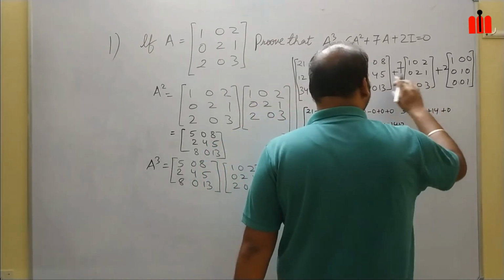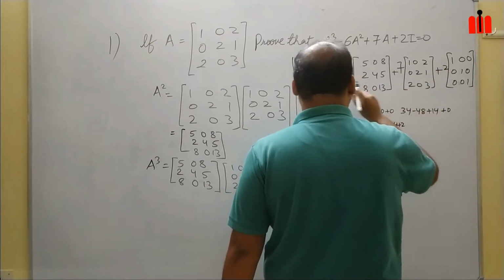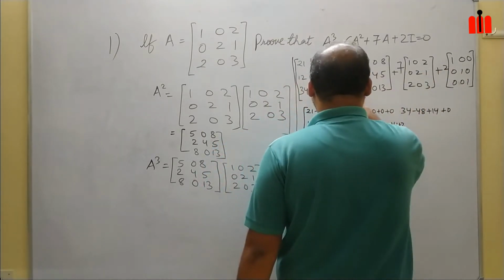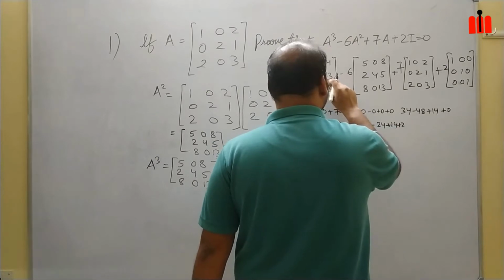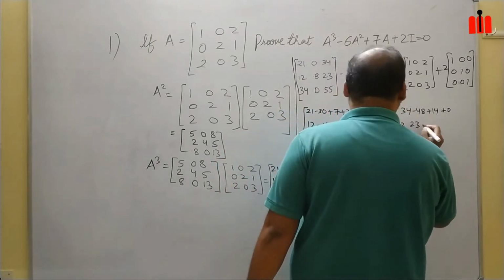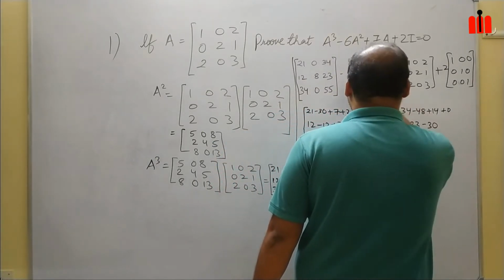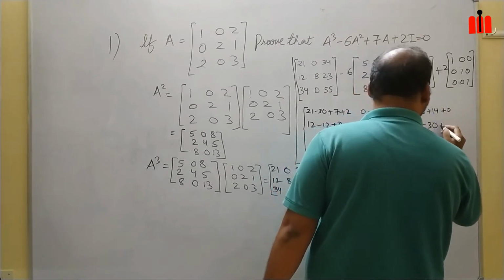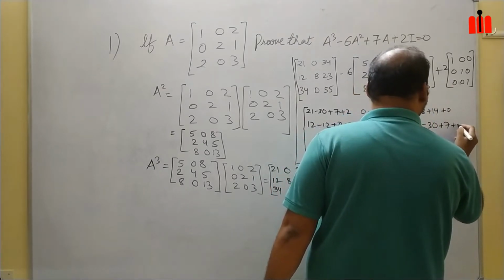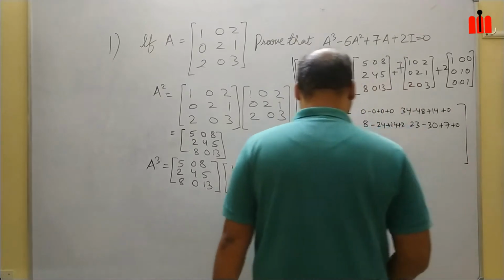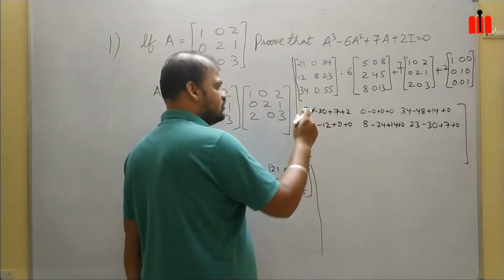Okay, 7 2 is 14 and here 2 1 is 2. After that last, this third element of the second row is 23 minus 30 plus 7 plus 0. Okay, now come to the third row.